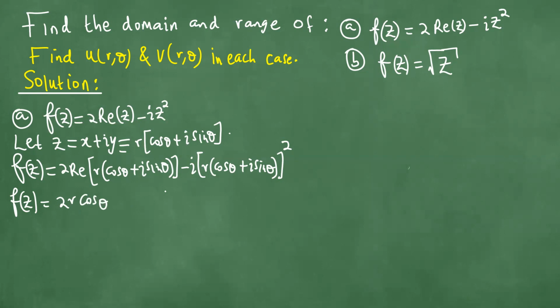And moreover, we have minus i. We square the r, and if we square the cosine plus i sine, it becomes exactly cosine squared theta plus i 2 into cosine theta sine theta, minus sine squared theta.